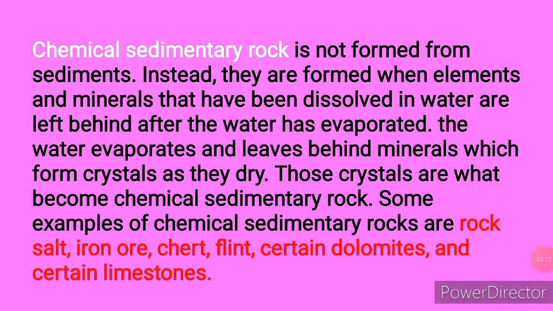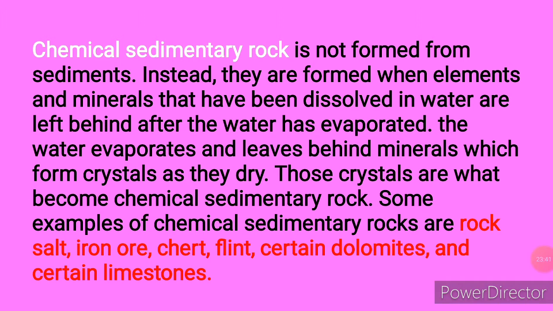The other one is called the chemical sedimentary rock. From the word chemical, I already know it is not formed from what? Sediment. Instead, they are formed when elements and minerals that have been dissolved in water are left behind after the water has evaporated. Remember I told you just now that they are carried away by erosion, is it not? Yes. Those ones that are carried away by water, they will not form together when the water has dried up.